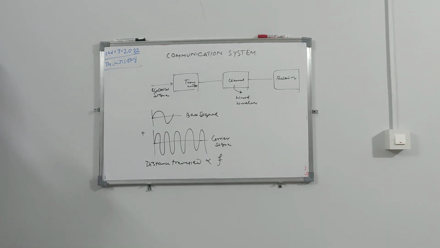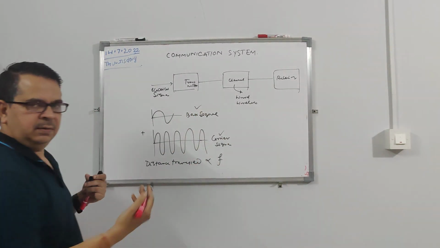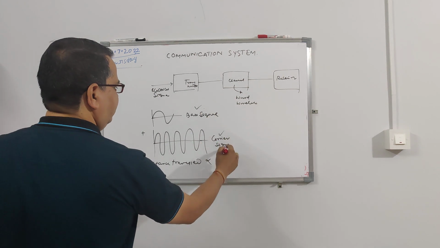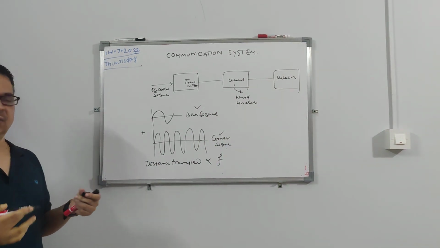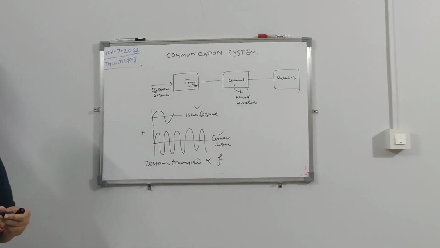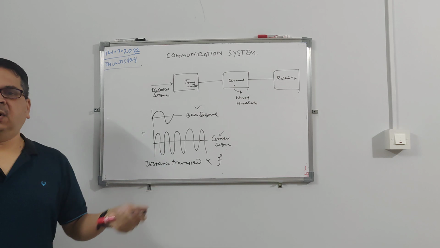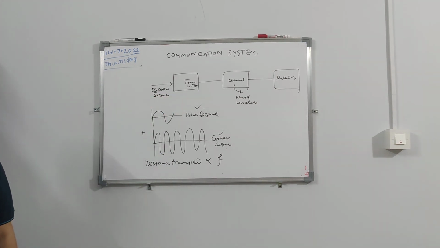When you superimpose and add both, it becomes a modulated wave. That will have a high frequency, so it can travel a longer distance. The transmitter does that work.